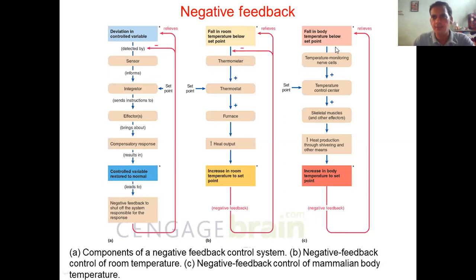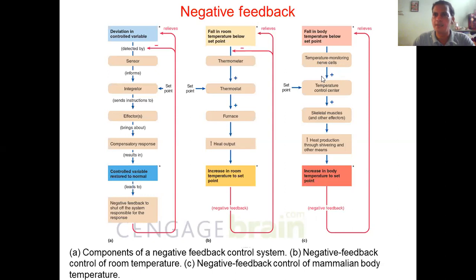Now let's see an example in the living system. If there is a fall in body temperature below a set point, say the body temperature in humans is 37 degrees, and it goes down, the temperature monitoring nerve cells, those responsible for temperature sensing, will sense that there is a decrease in the temperature.